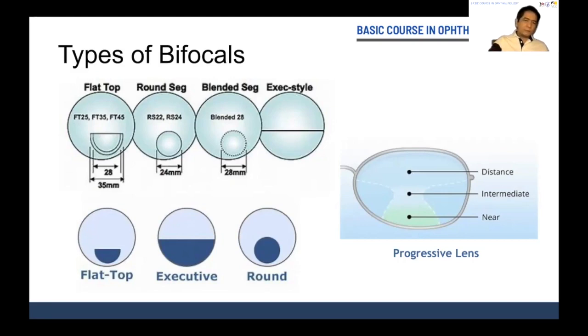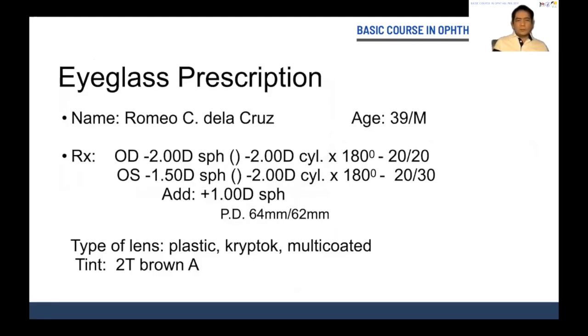Okay, so here's the way to write the prescription of eyeglasses. So name, of course, and the age of the patient. You write for OD, the power, if you have a spherocylindrical component, the axis, don't forget, and note the vision with that refraction, and the OS for the left, same, the spherocylindrical component, the axis, and the vision with that refraction.